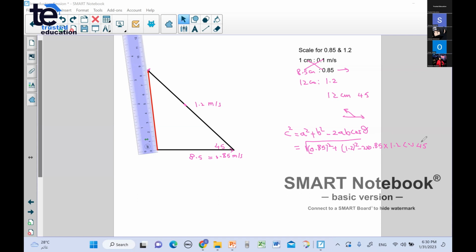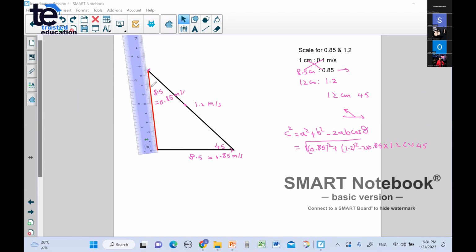Now use your calculator and check your answer. 0.85 squared plus 1.2 squared minus 2 times 0.85 times 1.2 times cosine 45. Remember I got here a reading of 8.5, which represents 0.85 meter per second.